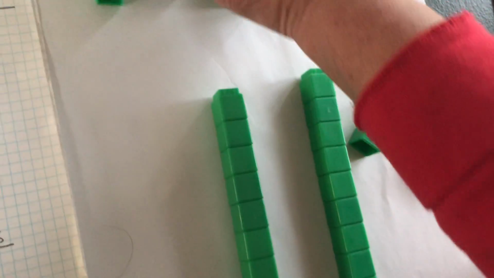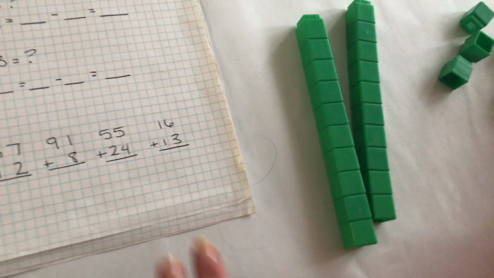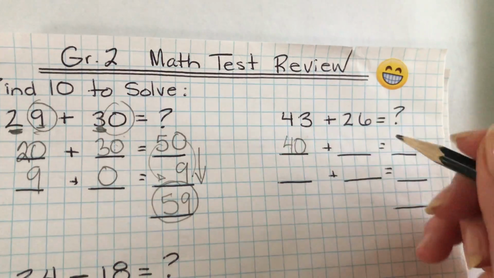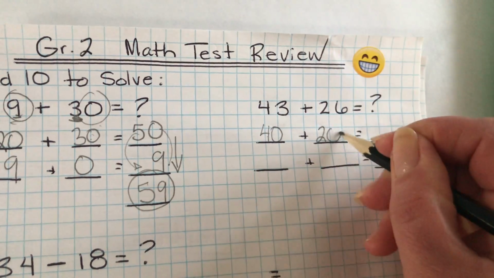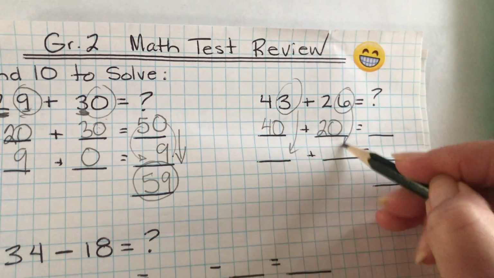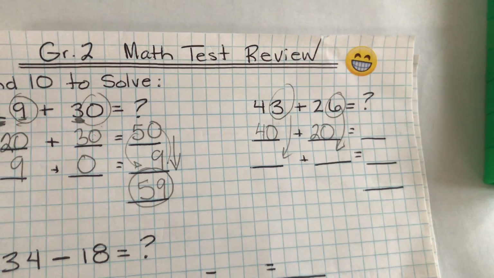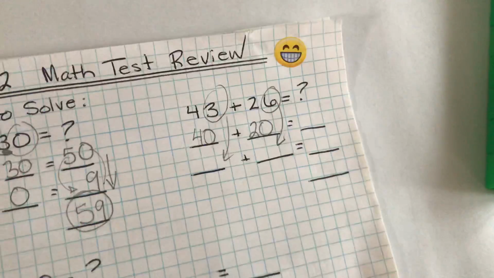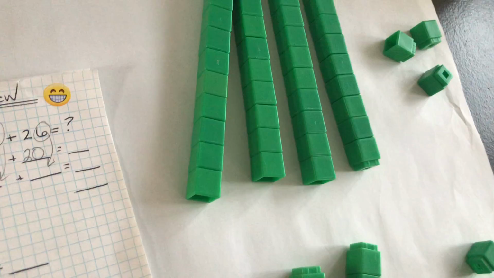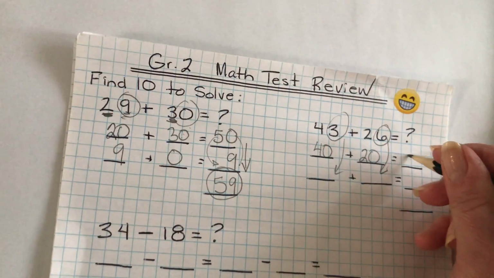So I'm going to first separate my 40 and my 20, and it looks like this when we write it down. 40 plus 20. I'm going to save these guys for down here. So if I have 40 plus 20, let's count by tens. We have 10, 20, 30, 40, 50, 60. 40 plus 20 equals 60.